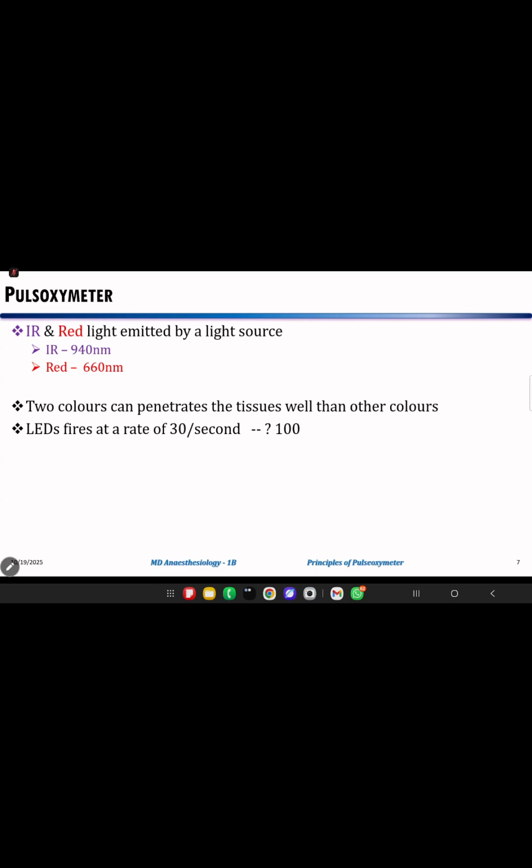Usually this LED fires at a rate of 30 per second in most pulse oximeters, but in the latest versions they fire much faster, maybe up to hundreds. So it's like this: a red light, then the infrared light, and then there will be a pause. Like that, it rotates.